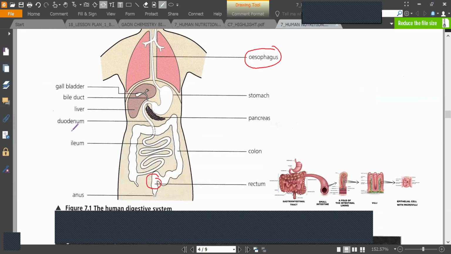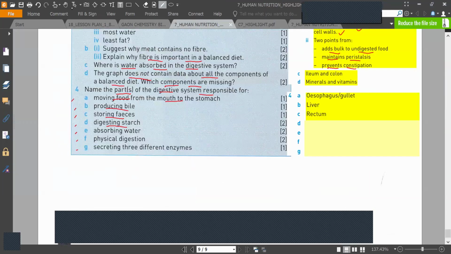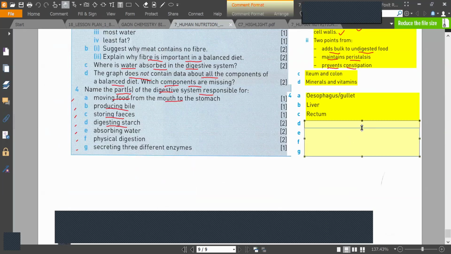And in the small intestine, pancreatic juice, which digests the starch. So our answer: mouth and small intestine, or duodenum, or ileum.